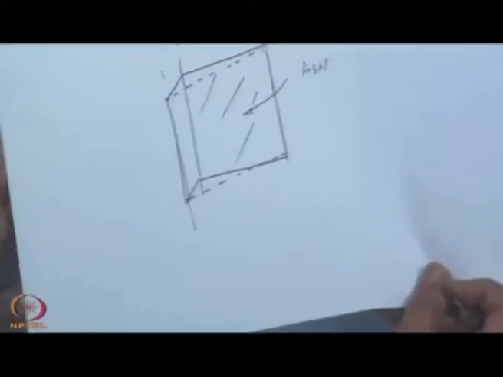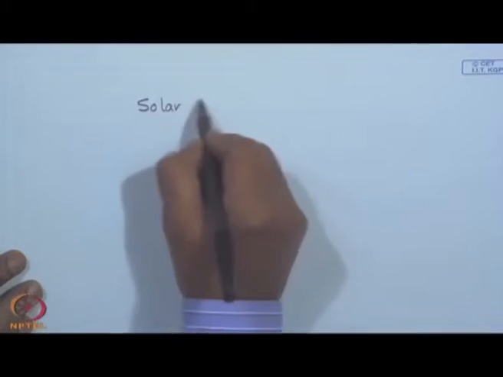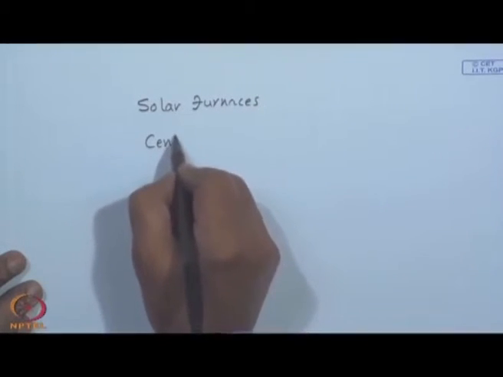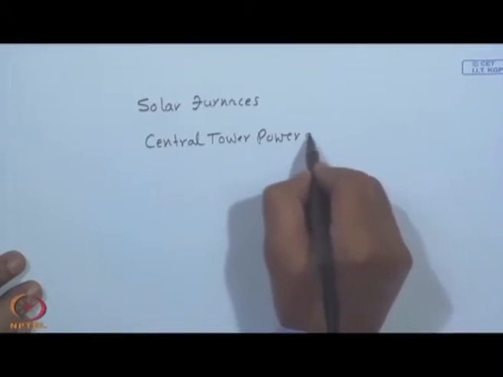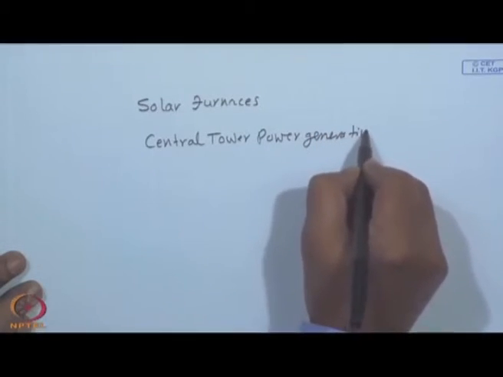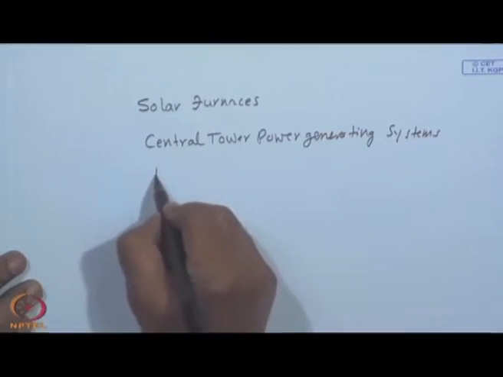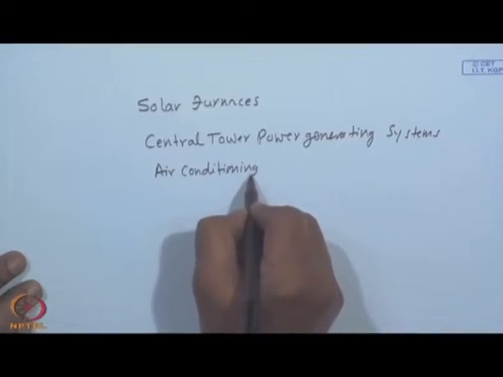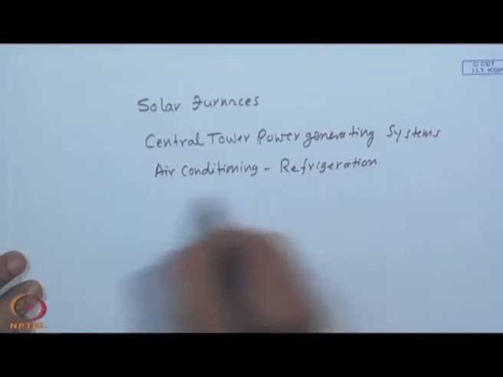So, that formally finishes the topics that we covered, but you may be a little curious for certain additional things like solar furnaces, and of course, central tower power generating systems, and air conditioning and refrigeration, cold storages.